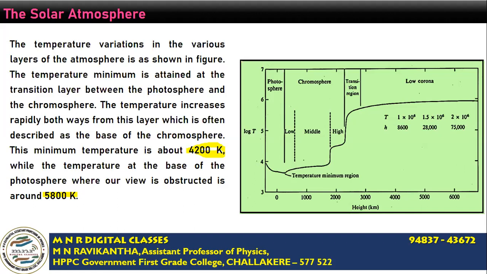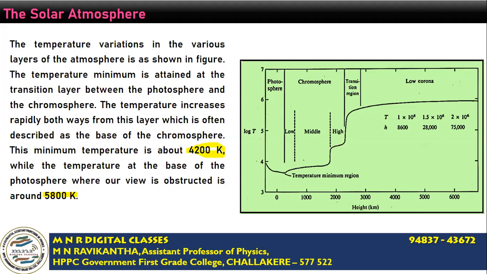We have a sudden quenching of the temperature and then a plateau region. When we reach the transition region between the chromosphere and corona, the temperature almost reaches 1 million Kelvin. In the lower part of the corona, the temperature varies from 1 million to 2 million Kelvin.